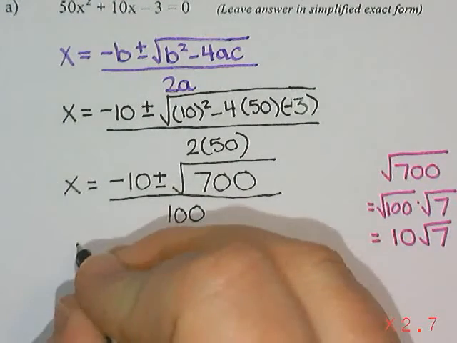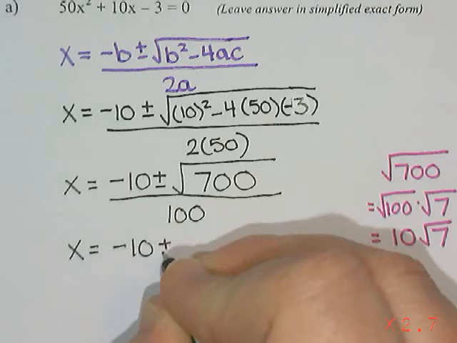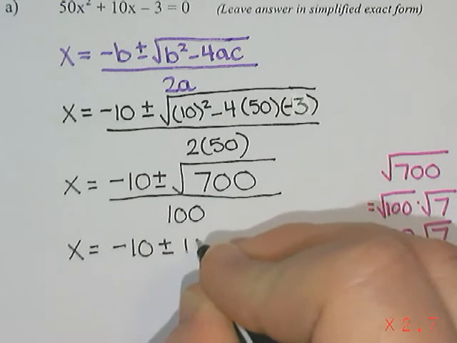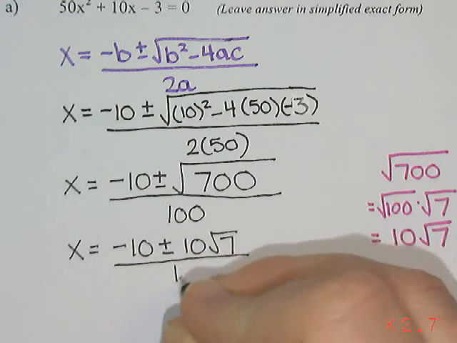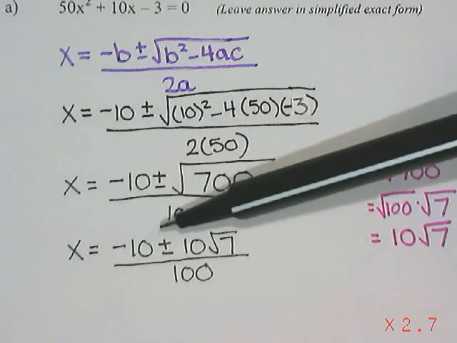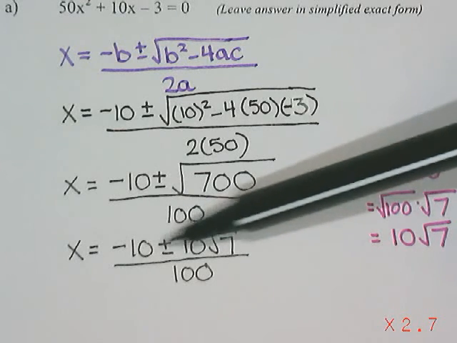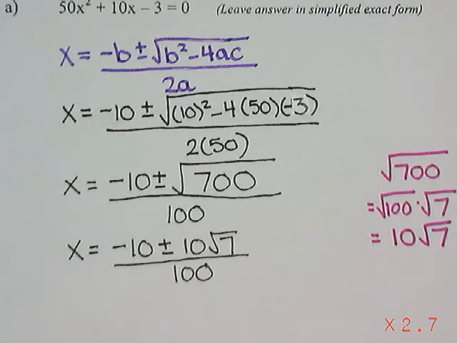So this is going to become x equals negative 10 plus or minus 10 root 7, and then all divided by 100. When I'm looking at this, I notice in the numerator that this term has 10, this term is 10, and the bottom part is 100.